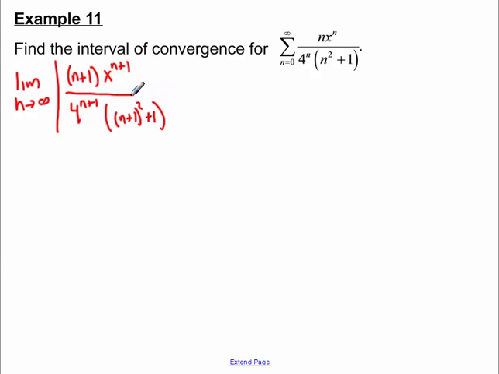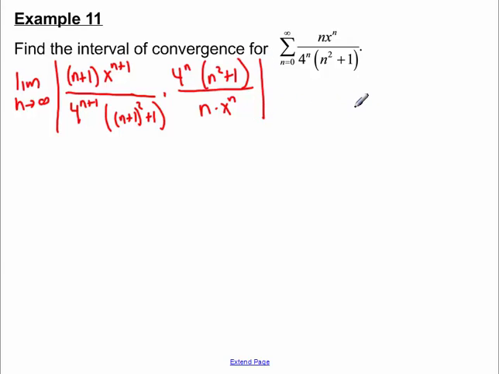Now that's going to be multiplied by the reciprocal of that, because remember it's a sub n plus 1 over a sub n. So we have 4 to the n over n squared plus 1, divided by n times x to the n.